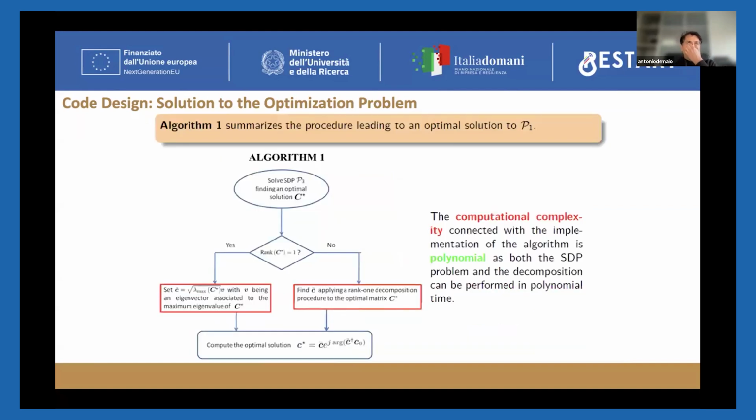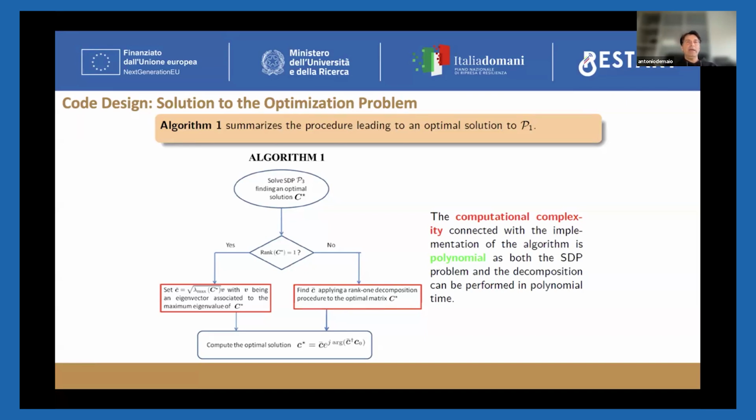And here we can see algorithm 1 that summarizes the procedure to select the optimal radar code. First of all, we need to compute the solution to the convex semi-definite programming problem, and this can be done, for instance, via the use of interior point methods. Then its rank is assessed. If the rank is 1, everything is easy. If the rank is larger than 1, then we need to call a rank 1 decomposition tool to obtain an equivalent rank 1 solution.